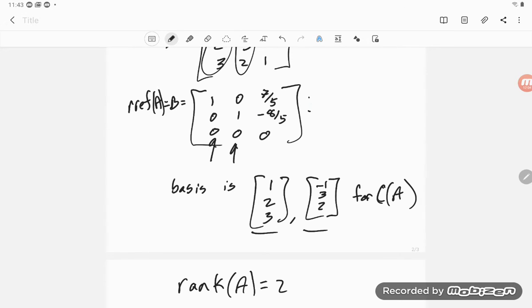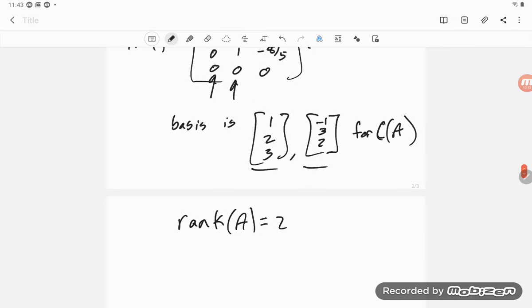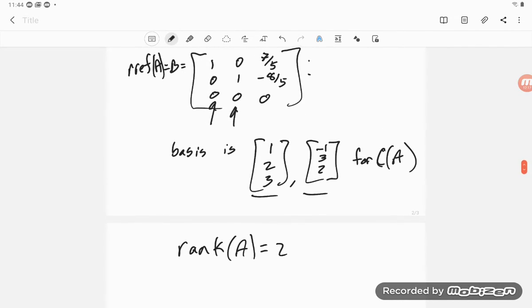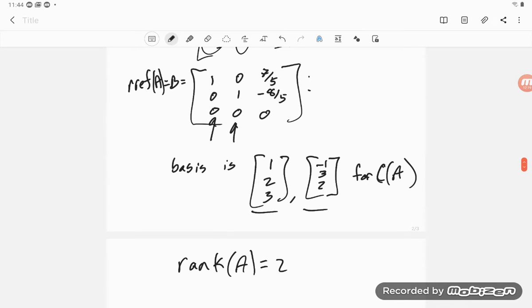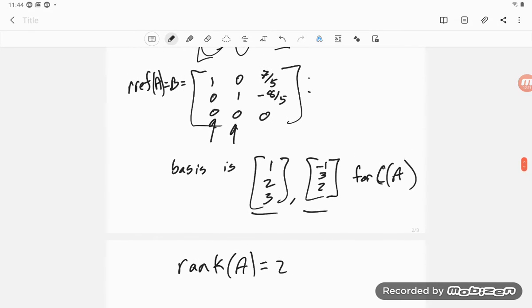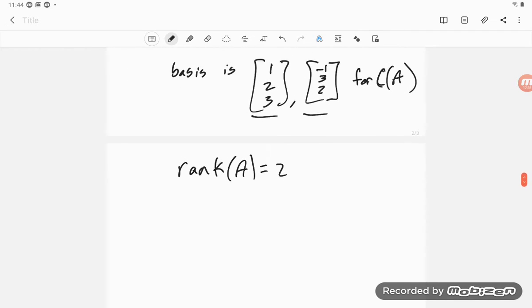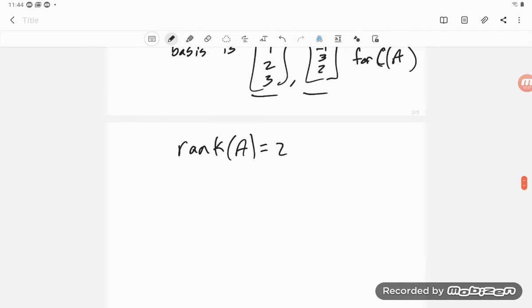Okay, 1 row, 2 rows. But it's each leading column, so however many there are, and there are 2 of those. Every row has a leading column, and every leading column has a row associated with it, where the 1 is, and so the rank ends up being the same. The rank is 2.